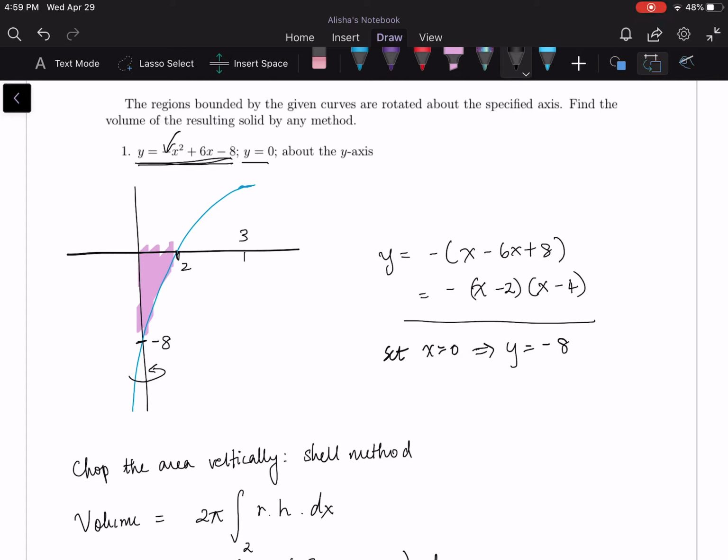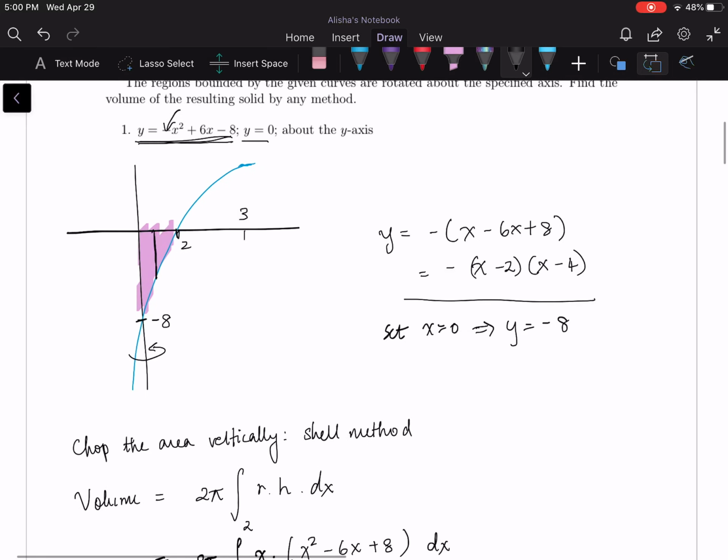Since we have a very nice expression for this length that's given to us, I want to chop this area vertically. So I want to chop it along the y direction. That one would be parallel to the axis of rotation, so that's going to lead to the shell method.